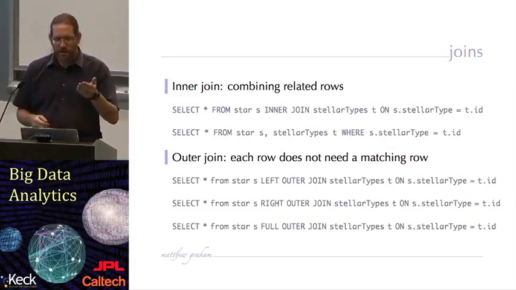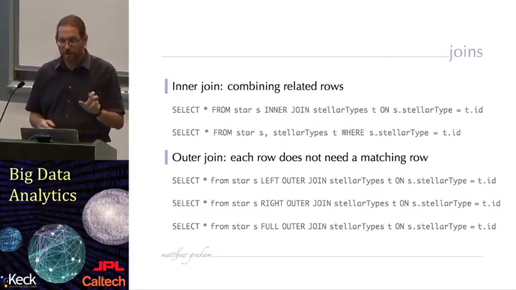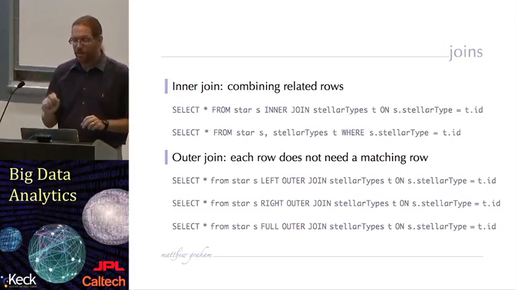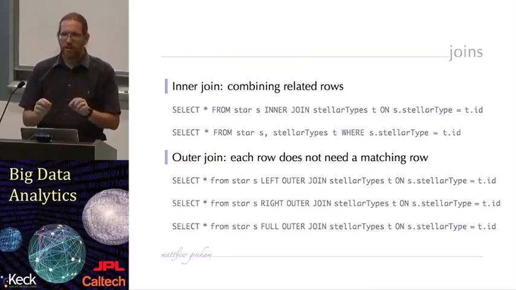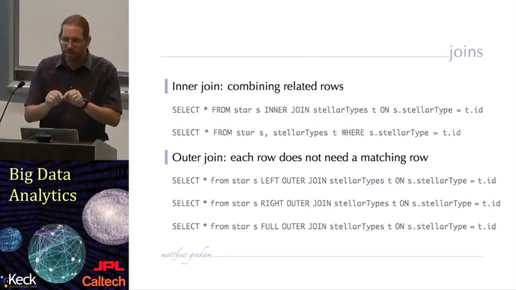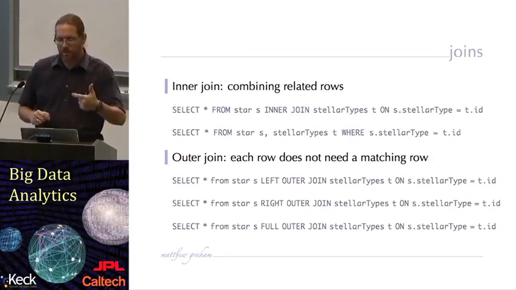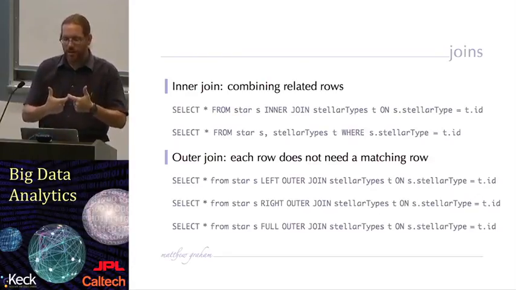So in our star table, we have a column called stellar type. In our stellar types table, we have a column ID, and what we're saying is that we are joining on those two columns so that matching values in those two columns between those two tables will be associated with each other, such that that information will be joined together.